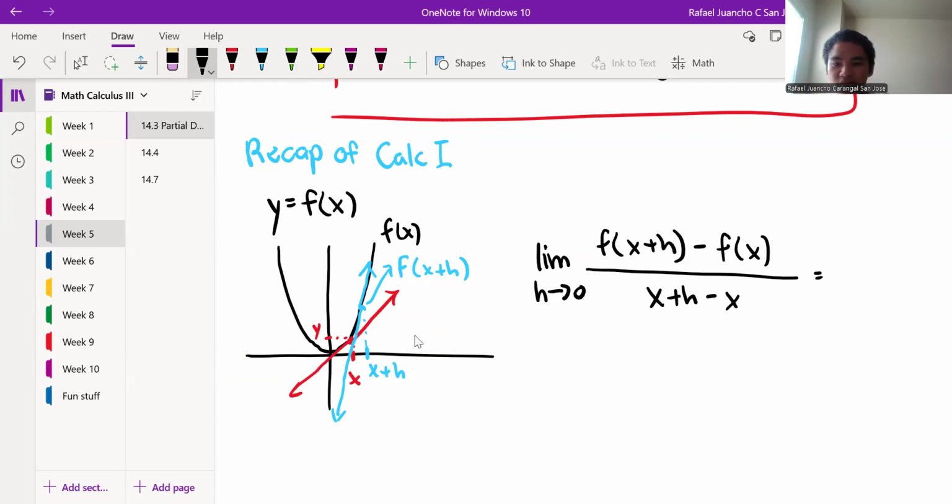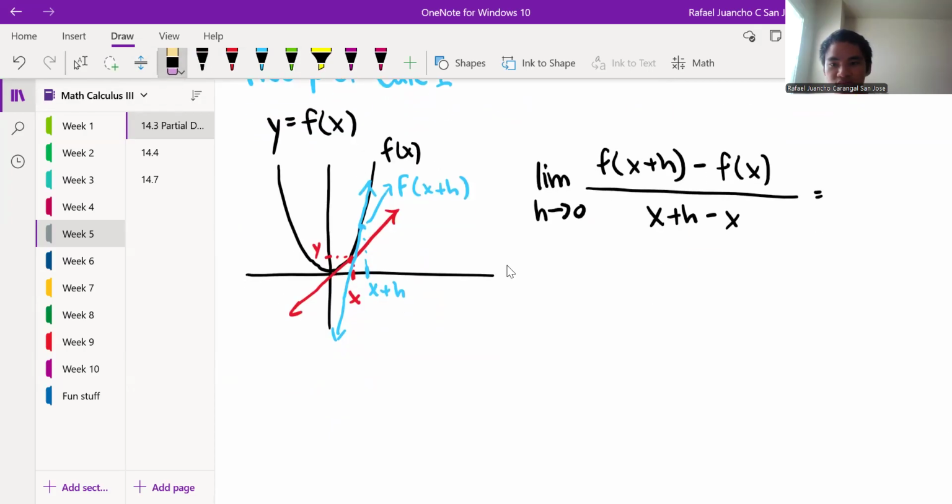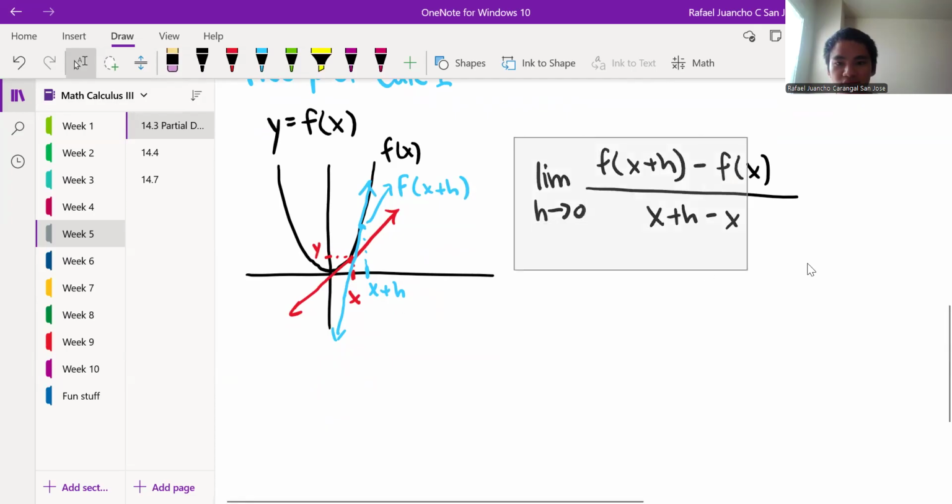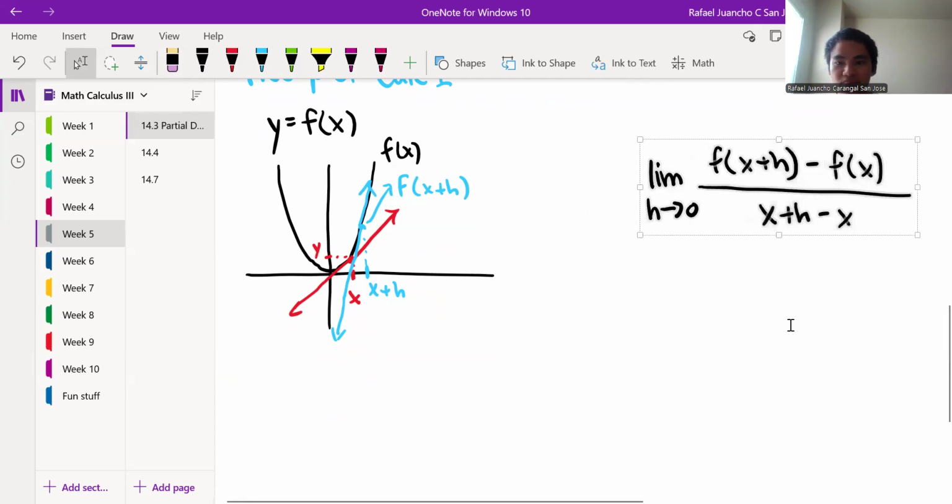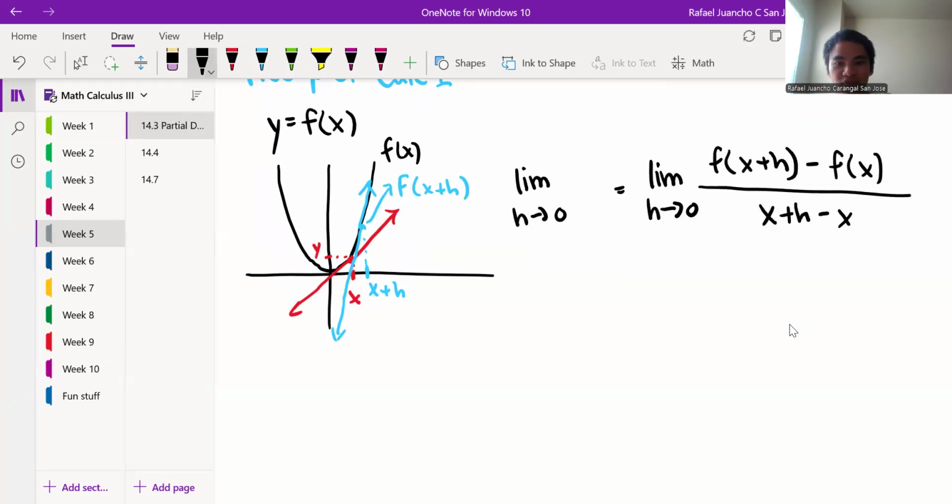So in other words, it's the limit of my h approaching 0 of my change in f, my function, over my change in x, right?